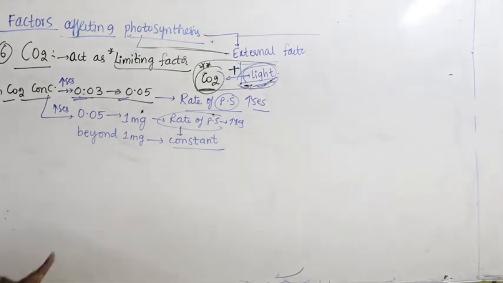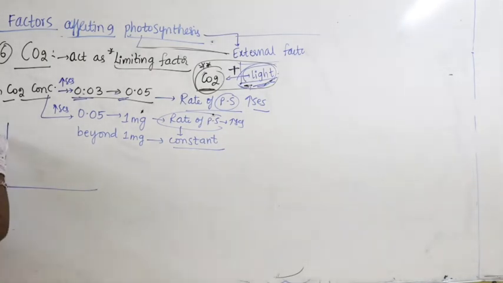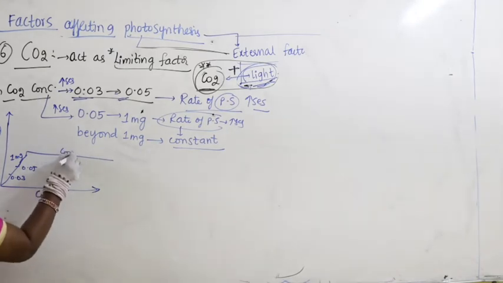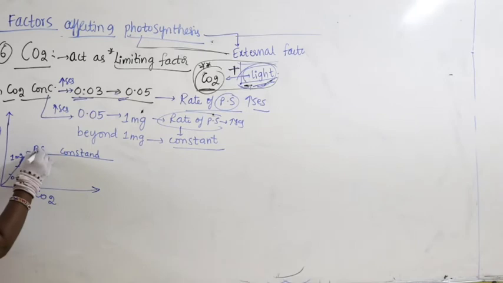What we are trying to say here, taking PS as photosynthesis and carbon dioxide concentration on the other axis: it increases up to 0.03, 0.05 and keeps increasing, but beyond 1 milligram it becomes constant.